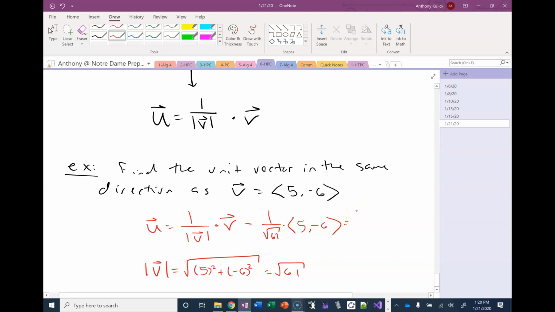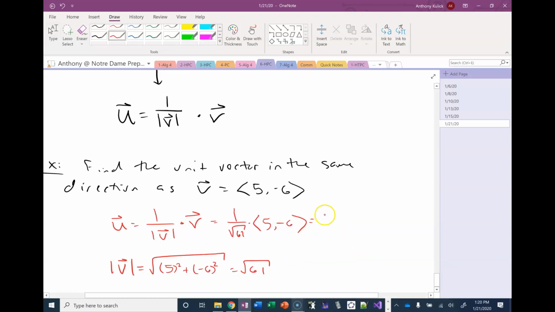Okay, how do I perform that scalar multiplication? I just multiply the scalar to each component. That's going to give me 5 over the square root of 61, and then negative 6 over the square root of 61. Everybody okay there?